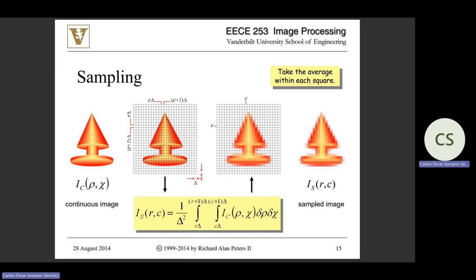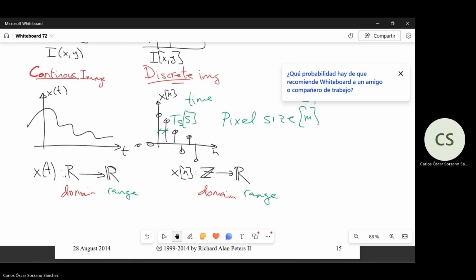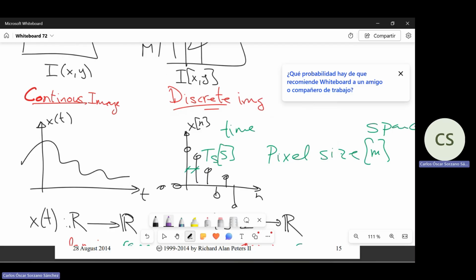So here in rows, you are going from the location r delta to r plus 1 delta. It is the same as in 1D signals. In 1D signals, you go from n to n plus 1. Let's say that this is sample n, this is sample n plus 1.